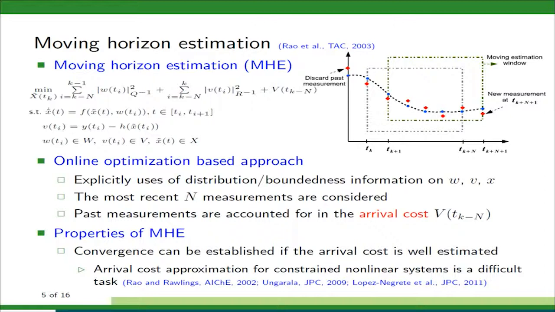And this arrival cost is actually used in the cost function. If the arrival cost is approximated accurately, then we can actually show the convergence of the estimates given by the moving horizon estimation to the actual system state. However, for constrained nonlinear systems, the approximation of the arrival cost is not an easy task.